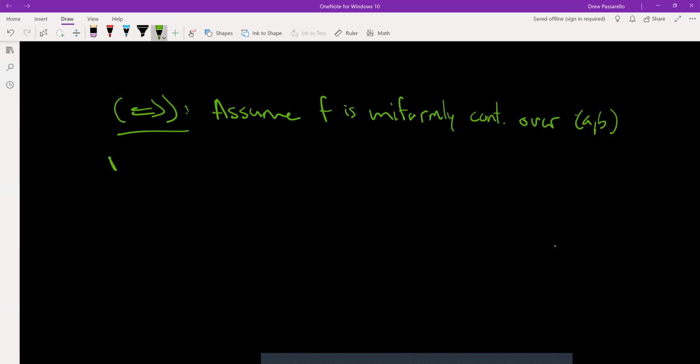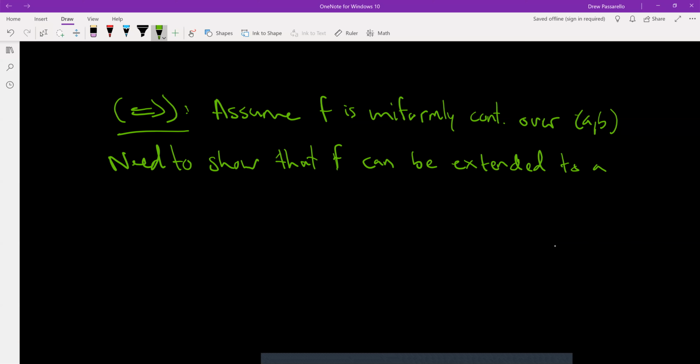And then we need to show that f can be extended to a continuous function. All right, that's what we need to show.